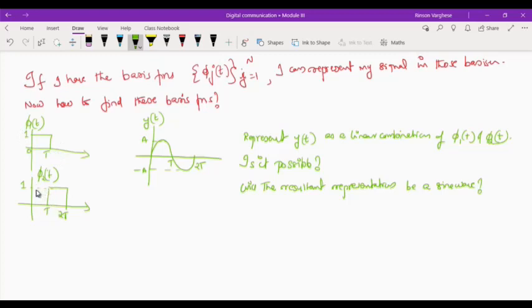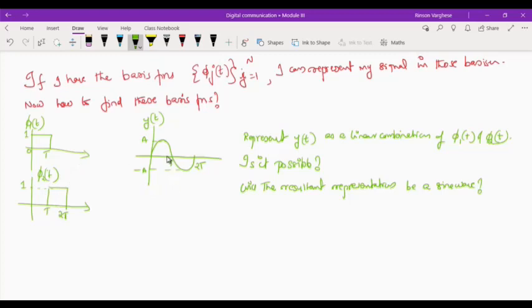Similarly here, when you multiply this with some constant, it will change the amplitude, but it will always be a rectangular function from T to 2T, and you can add them together to form a new signal.